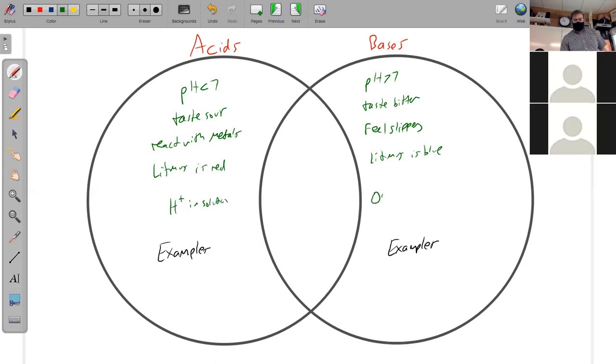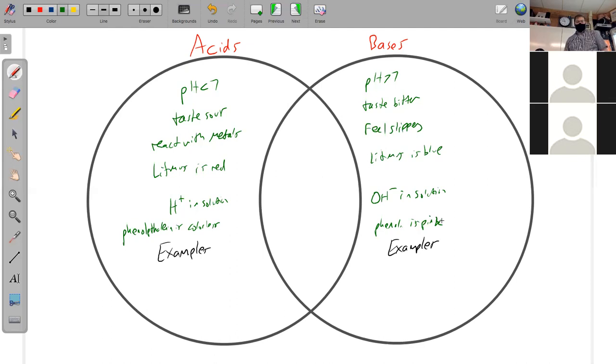But for bases, there's hydroxide ions in solution. Let me think. That's pretty good. You could say that phenolphthalein is colorless, or phenolphthalein is pink.